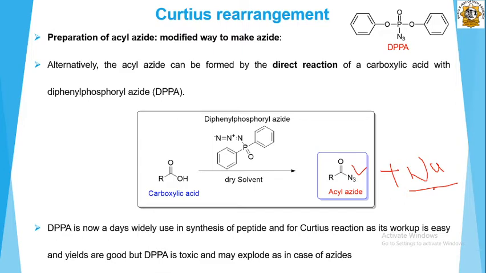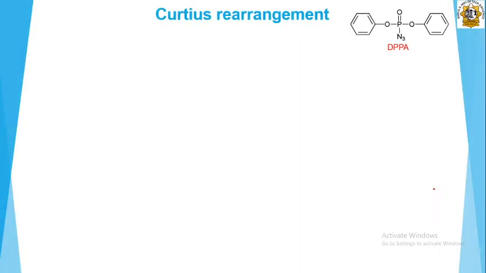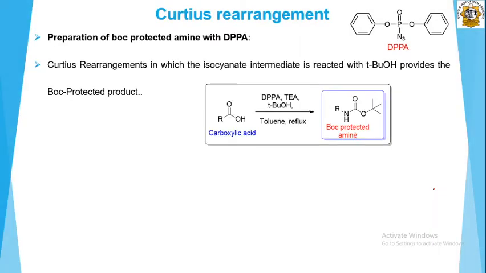DPPA is nowadays widely used in the synthesis of peptides and the Curtius reaction as its workup is easy. Yields are good, but DPPA is toxic and may explode like other azides. So care must be taken while using DPPA. But if you do workup in water, there is, I think, no problem.